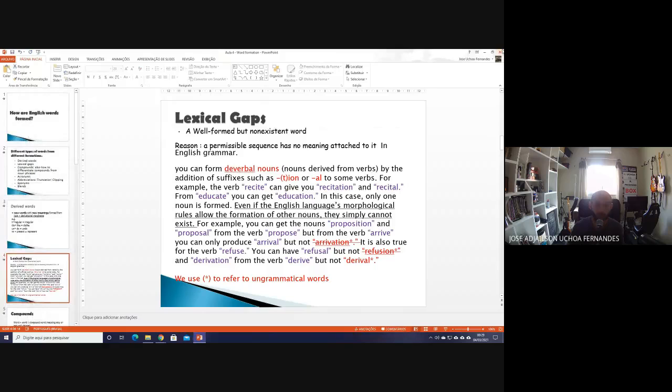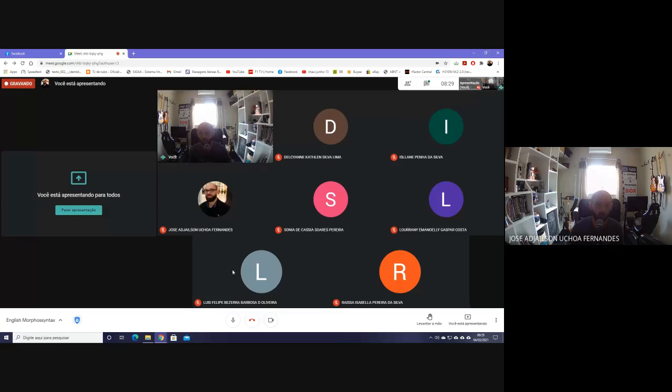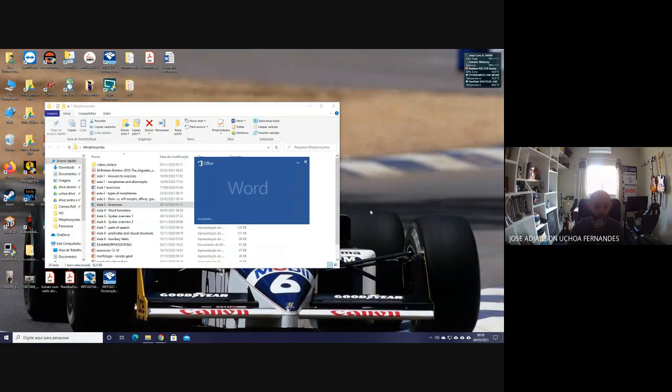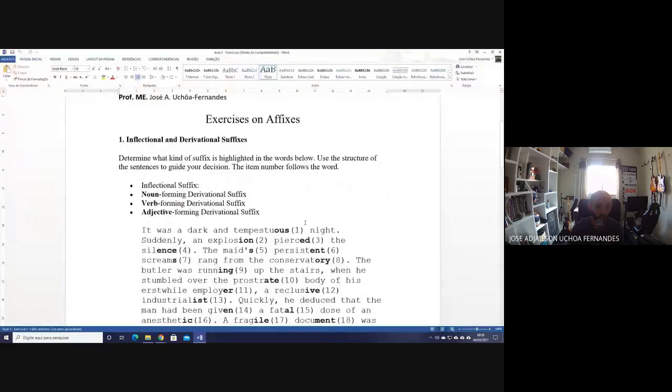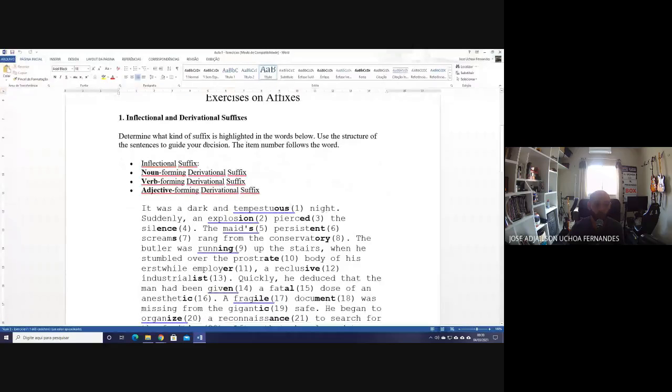And I'd like to propose some exercises on suffixes now. Let me just get the exercise here. I'll upload it to Siga. We have some inflectional and derivational suffixes.